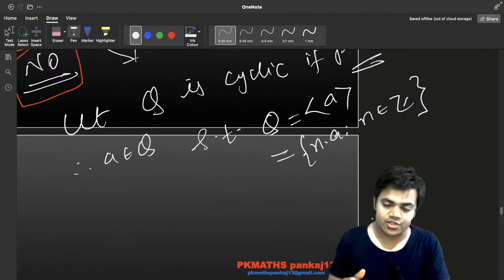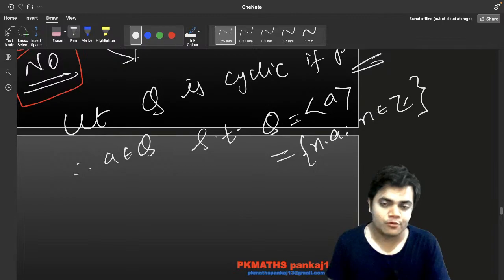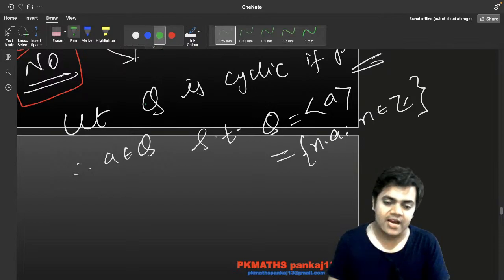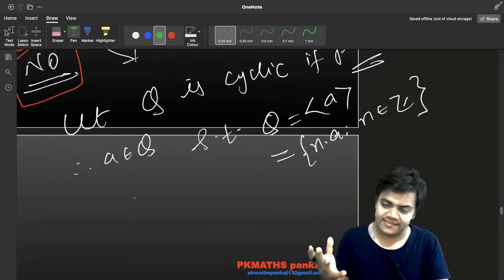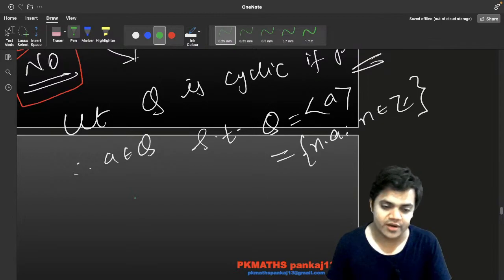As we have supposed that Q is cyclic and generated by A, we must get a contradiction, and by the method of contradiction we will say our assumption was wrong.